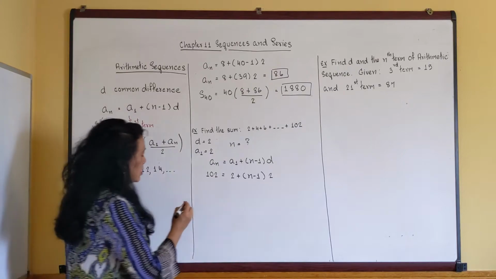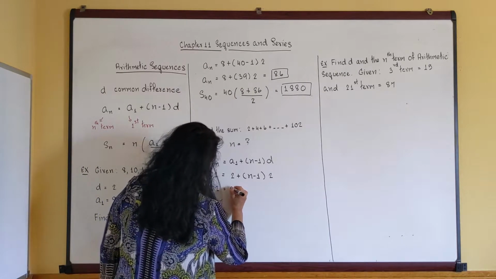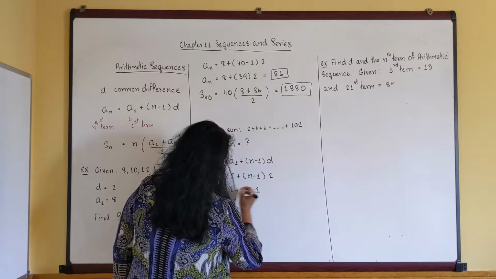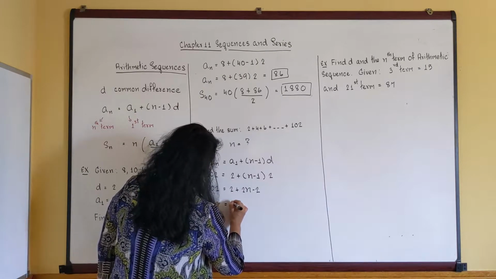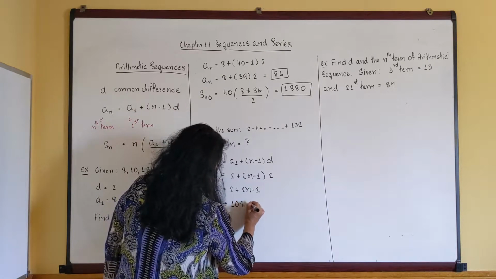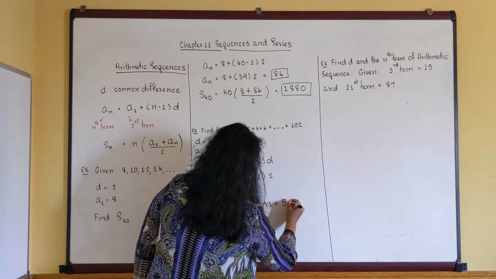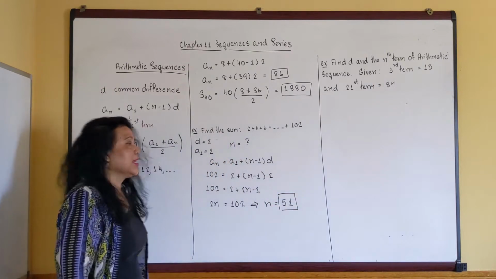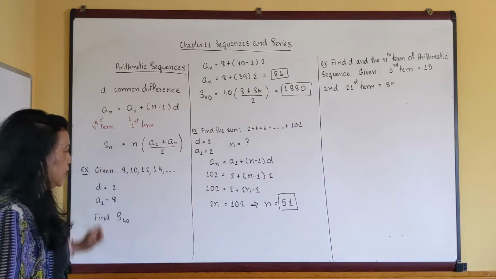So we're going to solve here. 102 is equal to 2 plus 2n minus 2. So 2n would equal 102. n would be 51. Now we need to find the sum. So we're going to go back to the formula here.